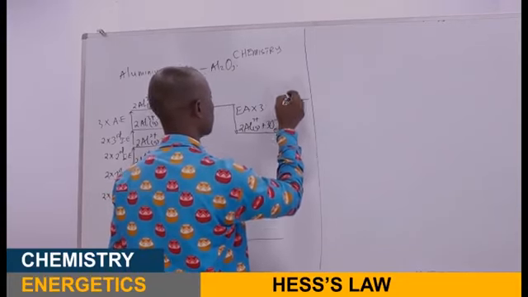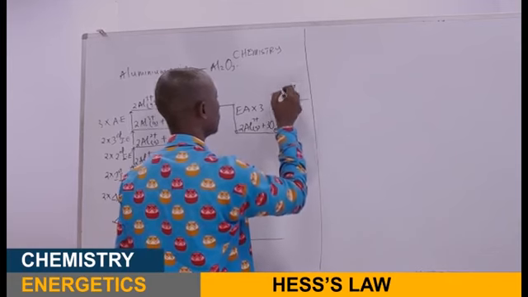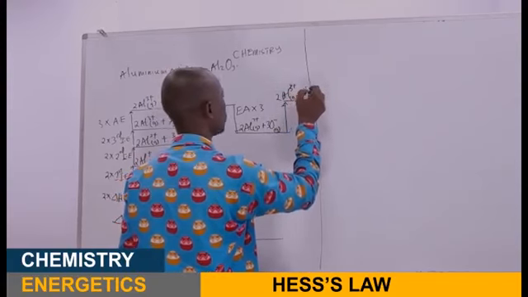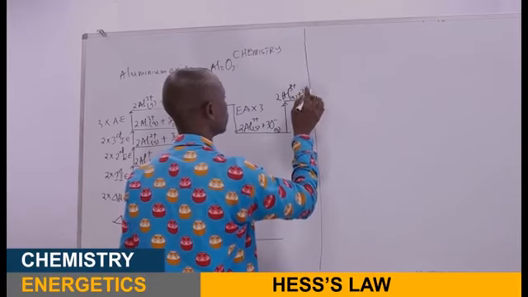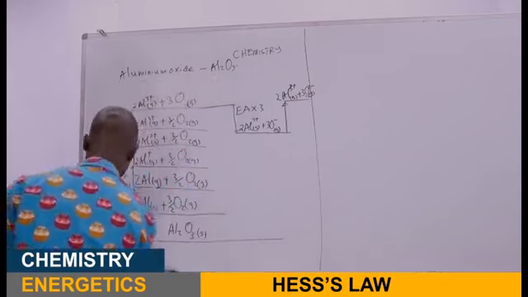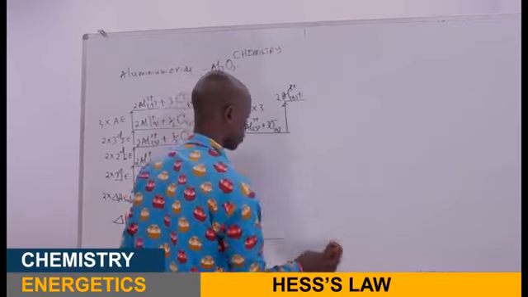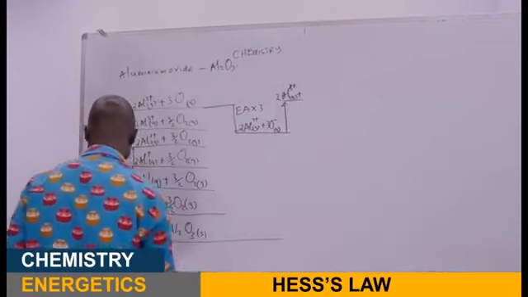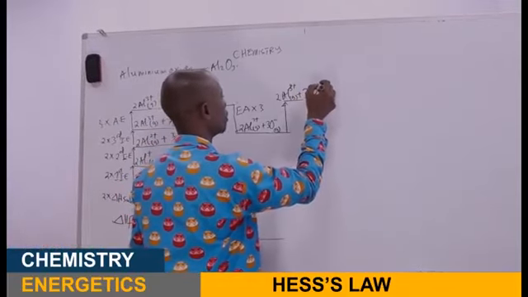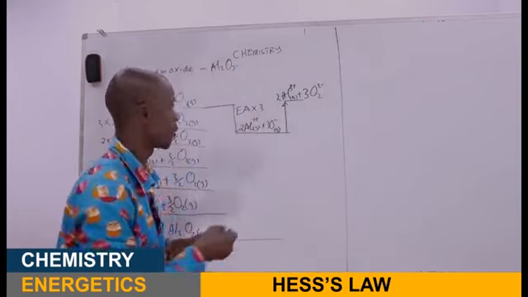So from there you write, here you have aluminium 3+ ions, 2, this is the gas, plus 3 oxygen. Sorry, my dear students. Here you have 3 oxide ions.